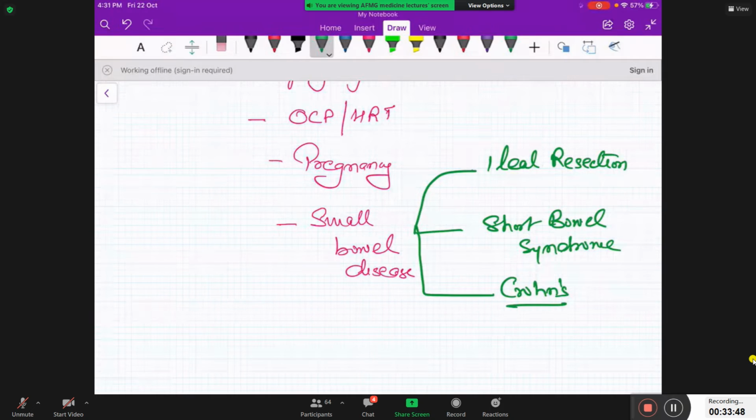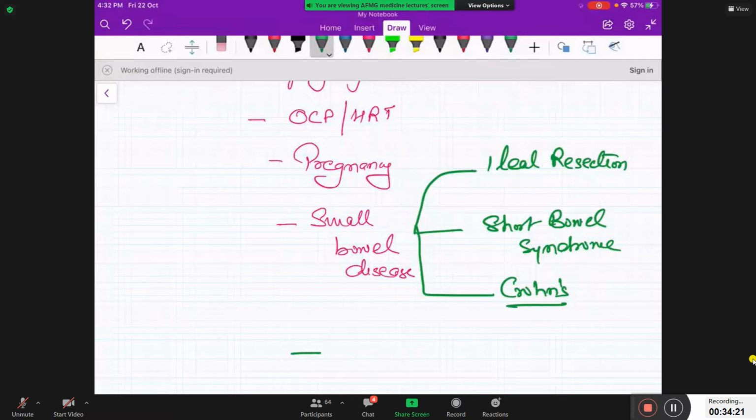So any patient who has the terminal ileum removed, or diseased, or doesn't have a small bowel, will have a problem in the absorption of bile. Once there is a problem in the absorption of bile in the enterohepatic circulation, the bile will not go back to the liver and the bile will be less in the body. So the reason for small bowel disease leading to stone formation, checked in exams, is decreased bile.